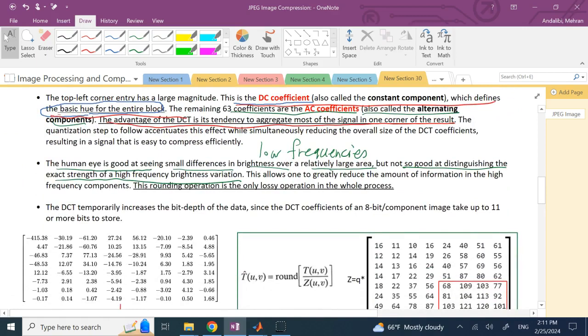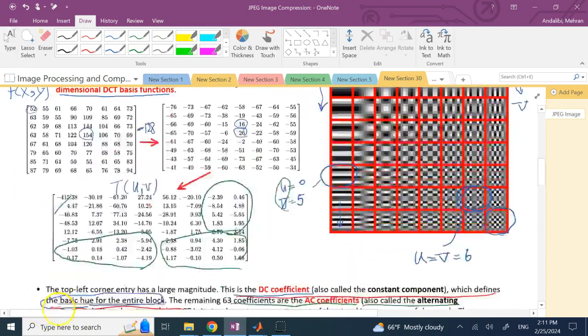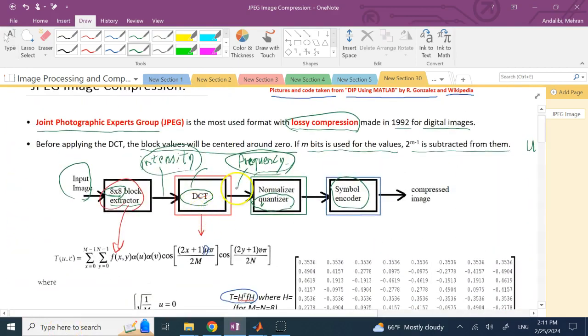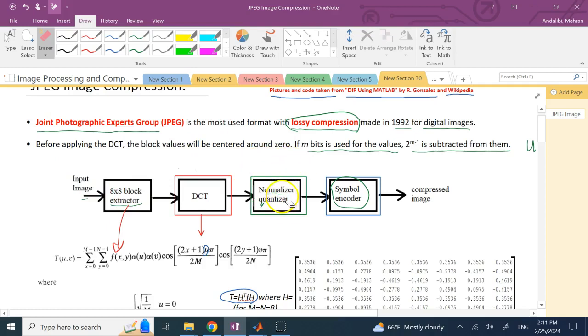So far we have seen the DCT, how the DCT is working. Now the next step is to convert all of those numbers into something that we want to store. That part is what we call normalization, and then quantization.